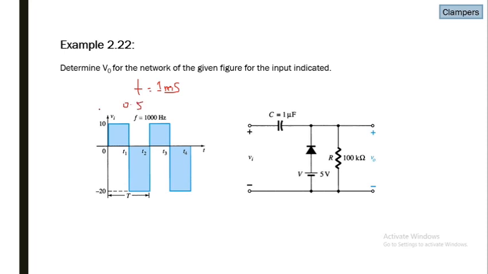That means 0 to 0.5 is the positive half cycle, and from 0.5 to 1 millisecond is the negative half cycle.